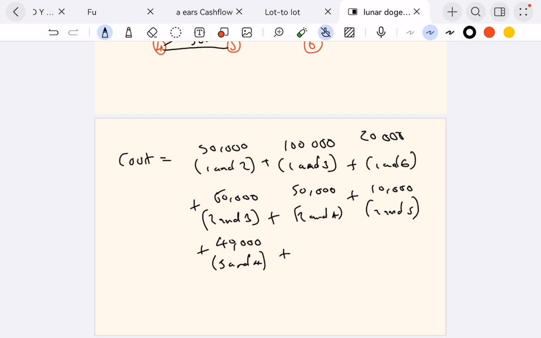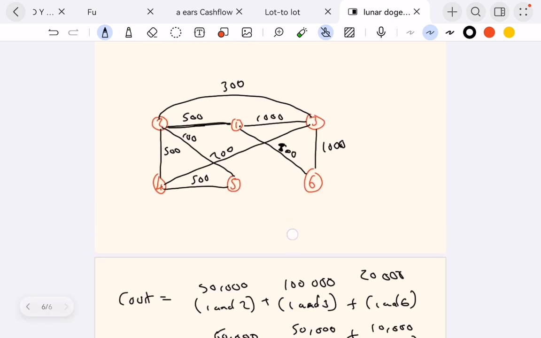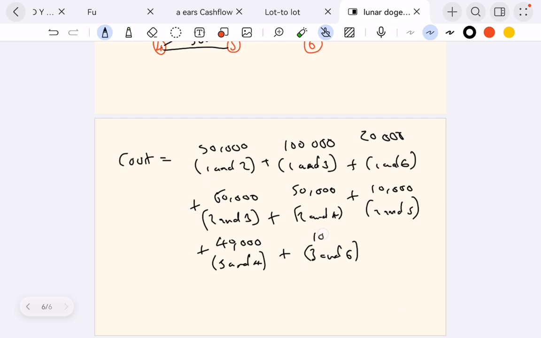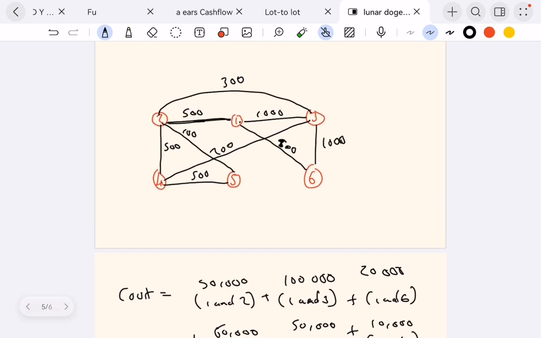Plus we have 3 and 6. 1,000 times 100, 100,000 there. Plus we have 4 and 5, which is the last one. So 4 and 5, it will be here 50,000. 500 times 100.